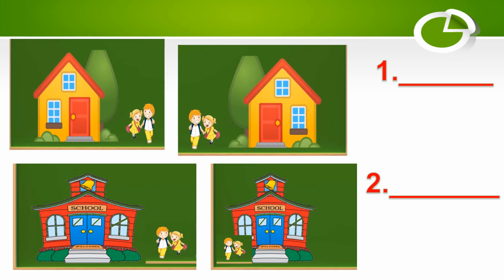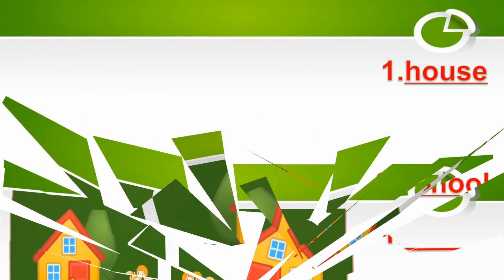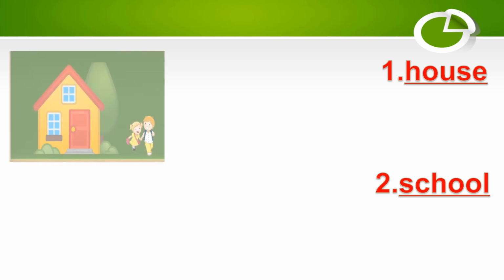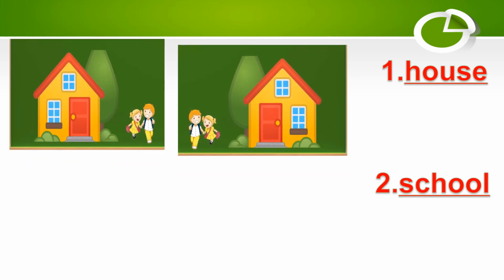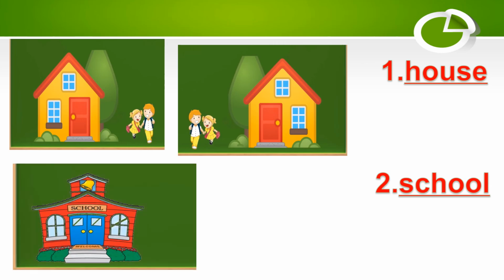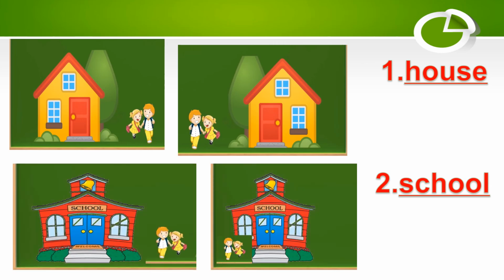Okay, I will give you 5 seconds to answer the second activity. Okay, time to check your answer. For your first illustration, the reference point is the house. For the second illustration, the reference point is the school. Very good. Okay, that's nice.